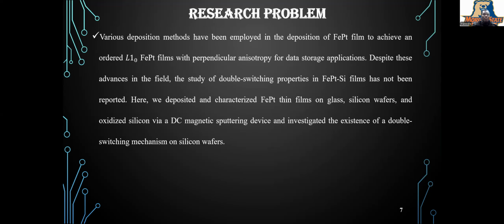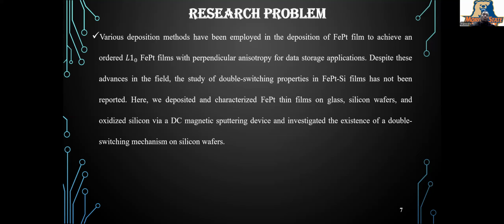Research problem. Various techniques have been used to grow iron platinum thin films to achieve an ordered L10 phase, that is the FCT phase. However, the study of double switching properties in iron platinum thin film on silicon substrate has not been reported.